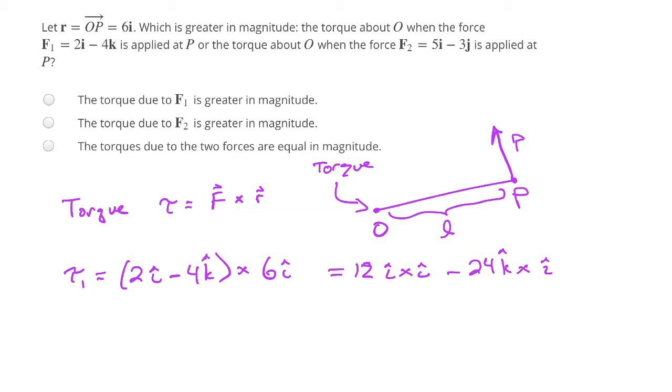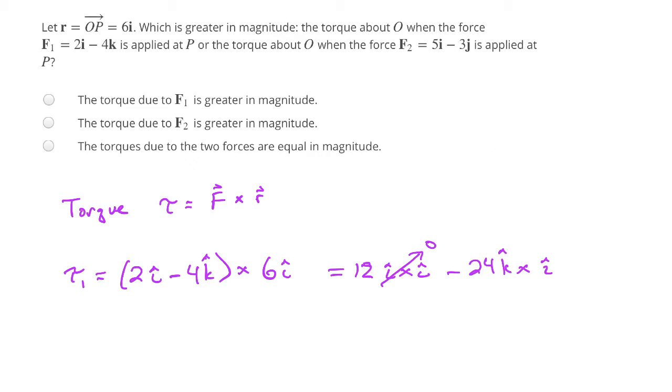One thing to remember is that when we have a vector crossed with itself, it's automatically 0, so that value is going to be 0. And for our k cross i, we remember our cyclic permutations. i cross j gives us k.